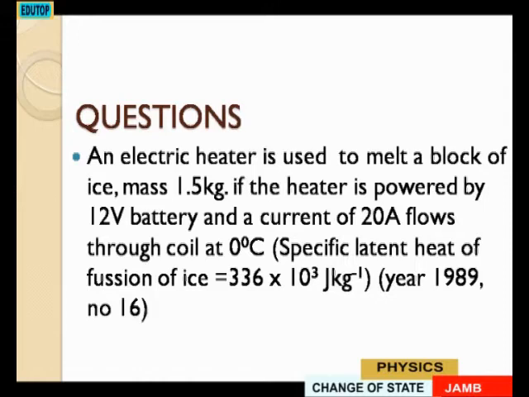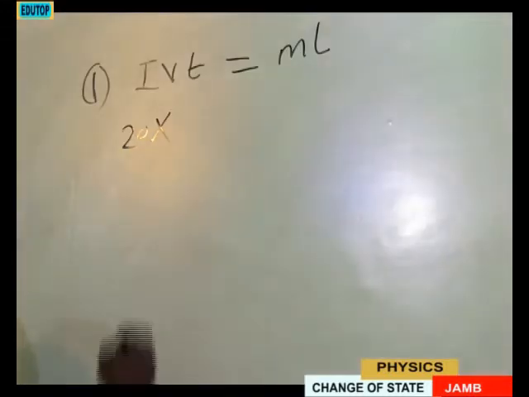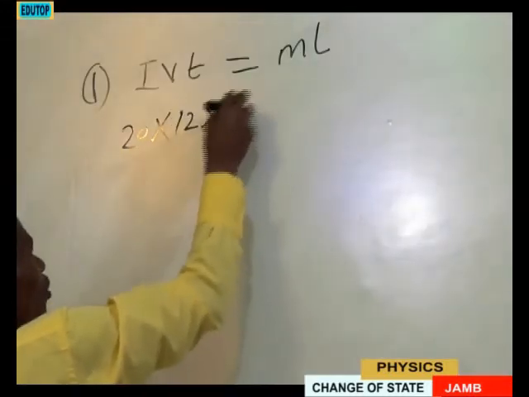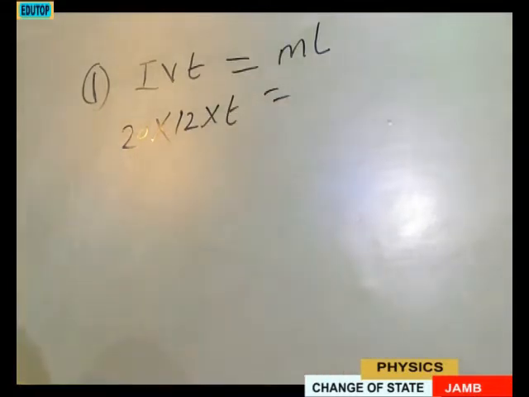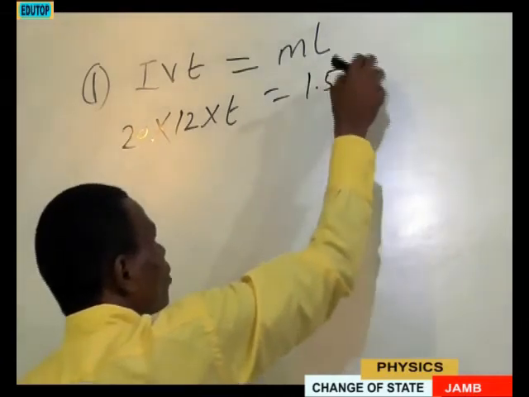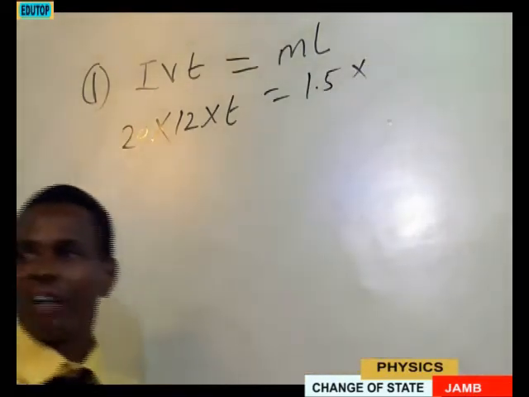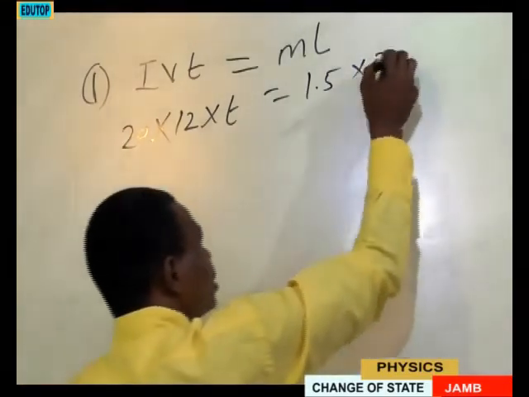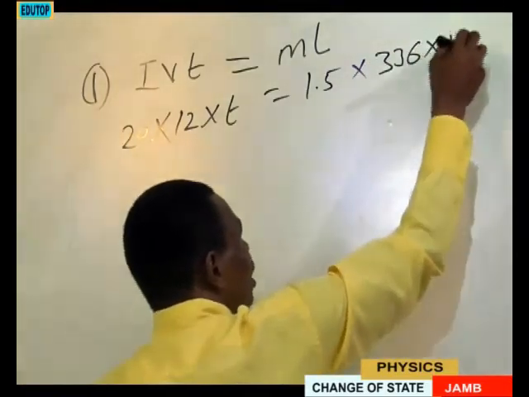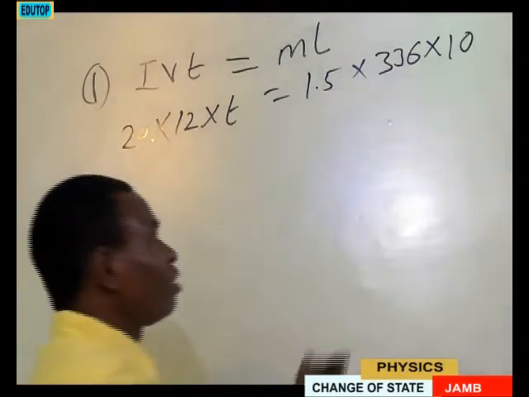What is our I? The 20 ampere of current that flows. We are given the voltage, 12. We are looking for time. The mass of the block is 1.5. The latent heat of fusion of ice is 336 times 10 raised to power 3.